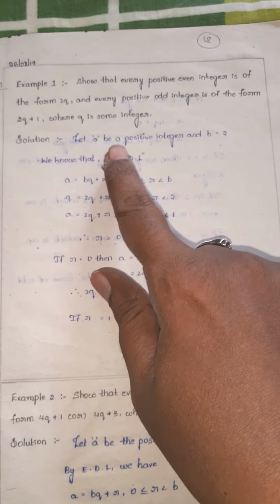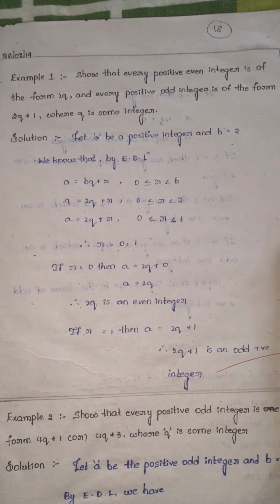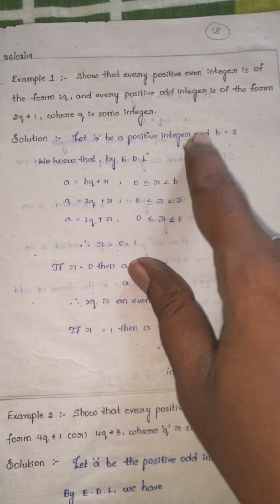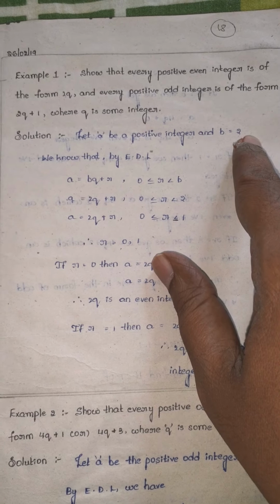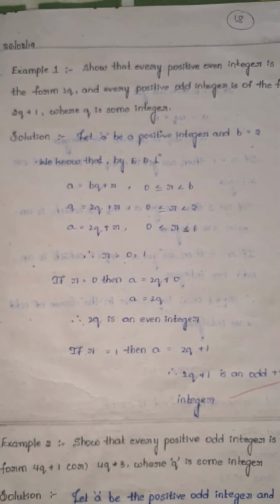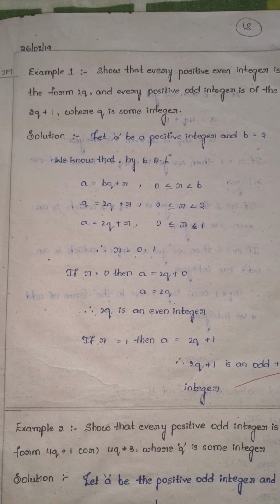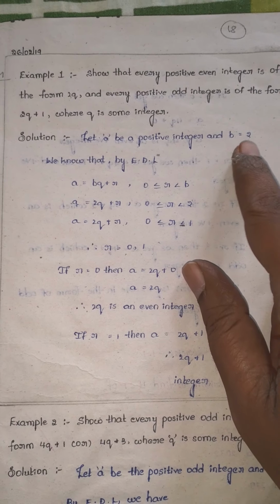Solution. Let us assume a is a positive integer, and what is the value of b? 2. See here, whatever constant value, meaning the number before the variable q, you should take that number as the b value.